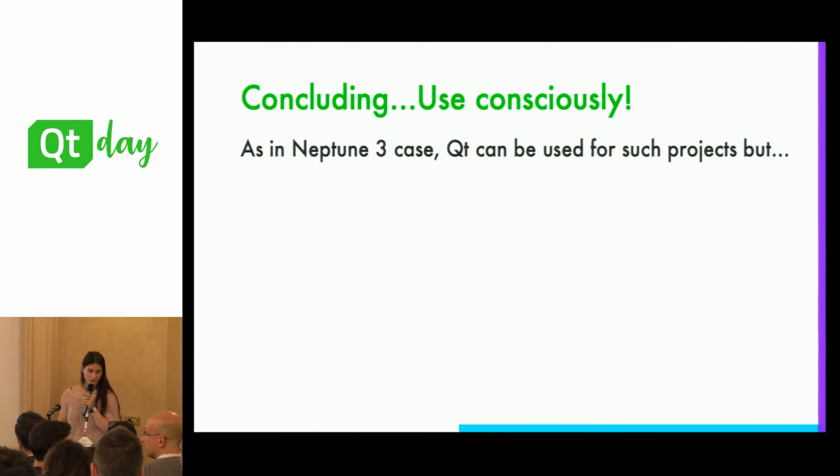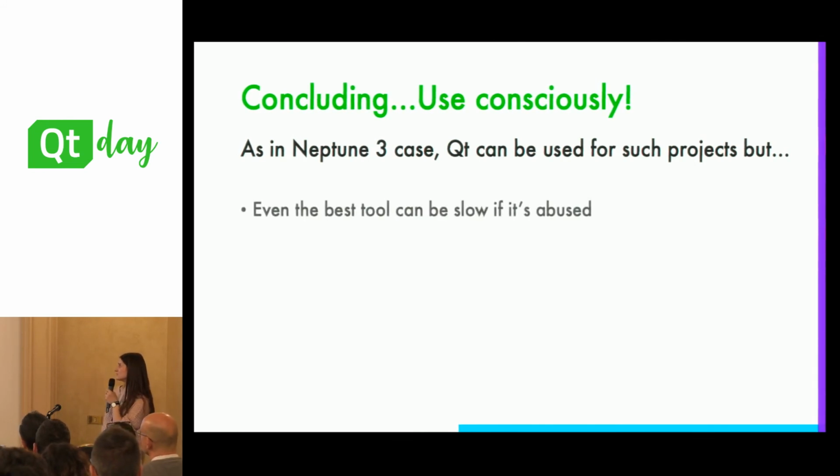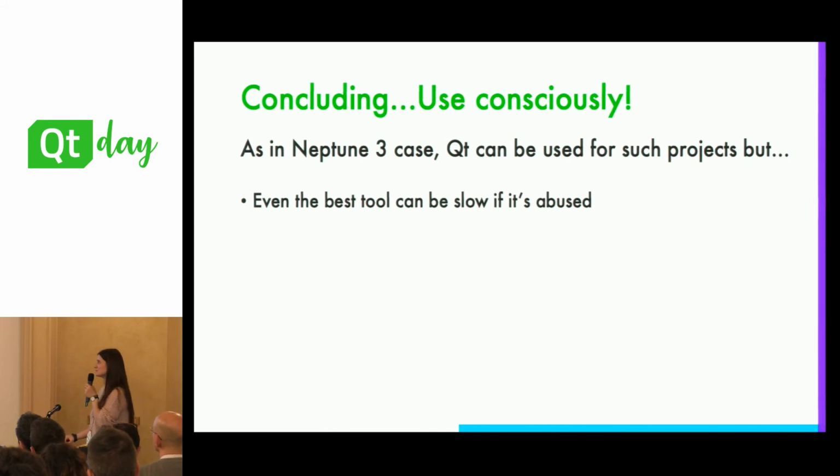Right, so concluding, as in Neptune, Qt can definitely be used for such projects, but even the best tool can be slow if it's abused. We always have to be conscious of what we are doing and how we are doing it. We have many possibilities, but we always have to keep some boundaries and limits.